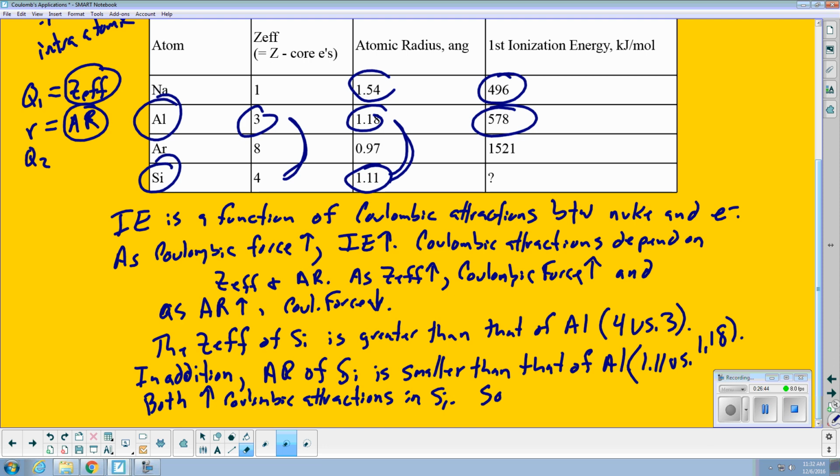So silicon should have a greater ionization energy than aluminum. Cool. Now, indeed, let's check it out. The real answer is that silicon has a 786 kilojoules per mole ionization energy, which is indeed greater than that of aluminum.